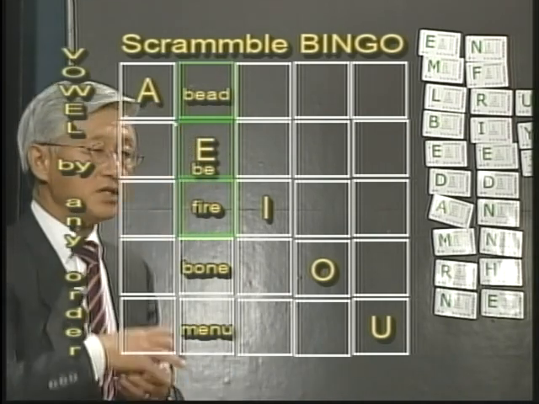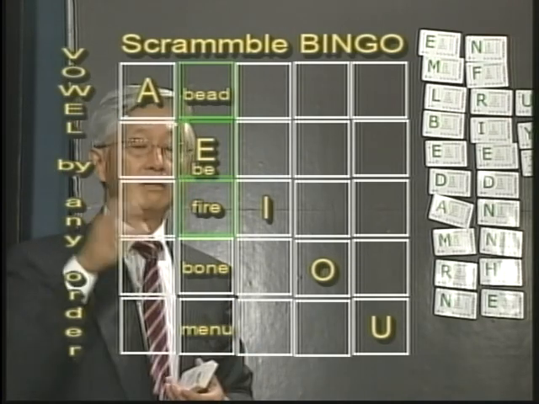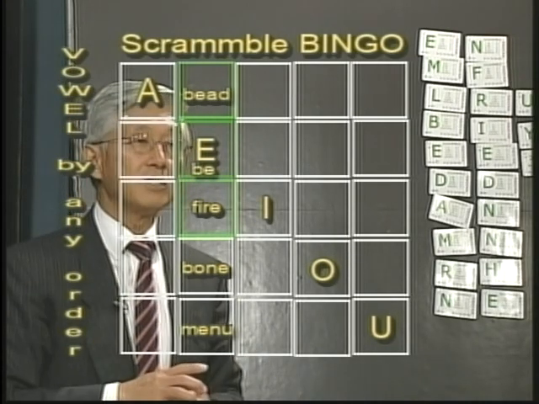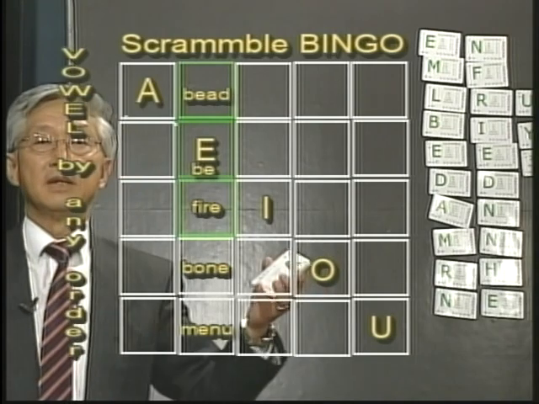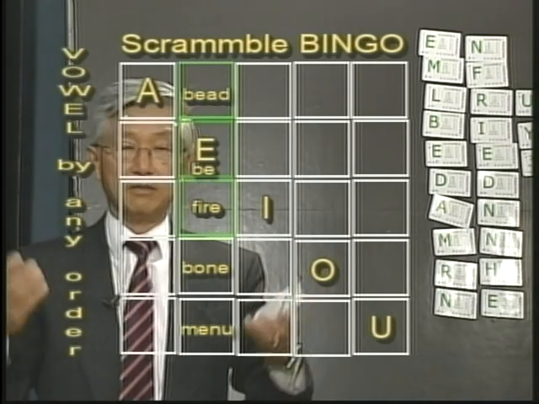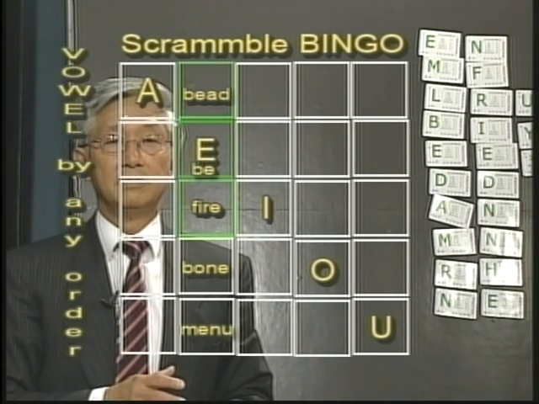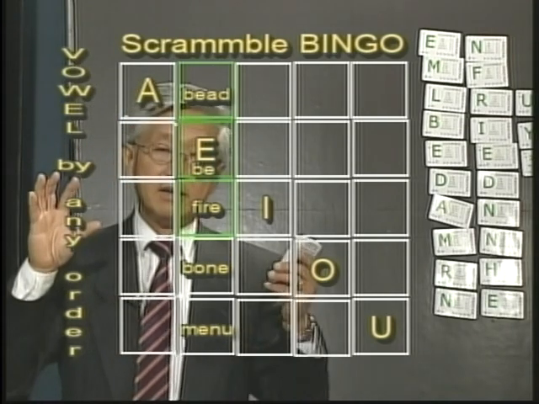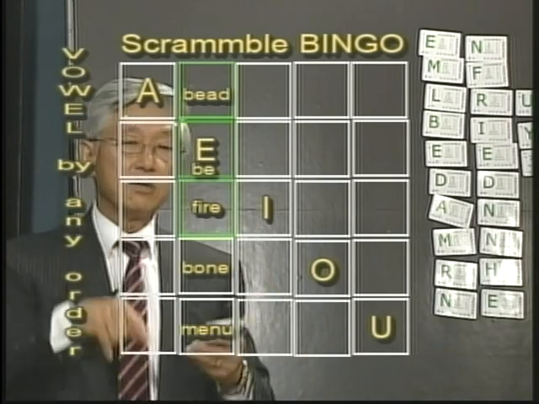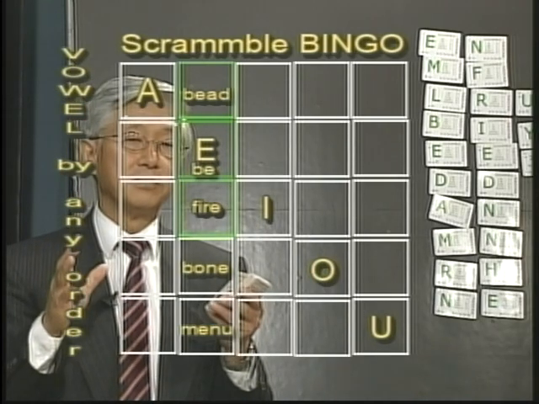So if the person had played this way and claimed first, they would be the winner of bingo. And that's just one vertical column. Now, the 5-word vertical column is fairly simple, right?